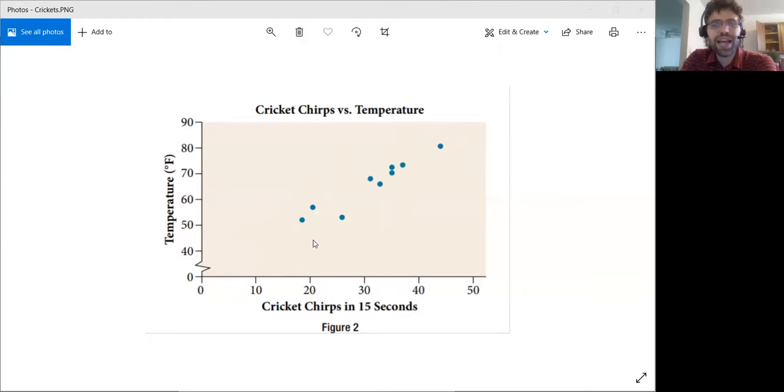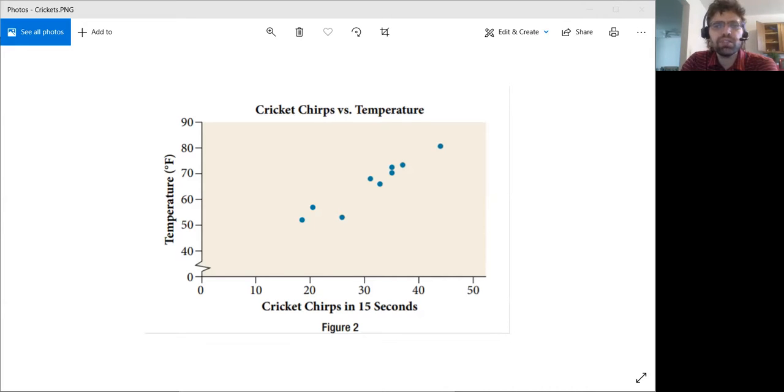Now, this data does not fall in a straight line. There's no one straight line that can connect all of the points you see on this graph.